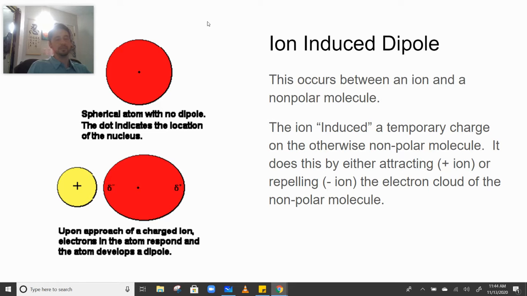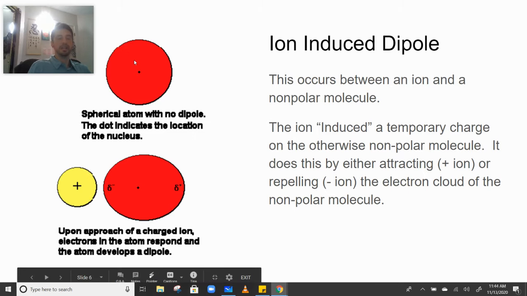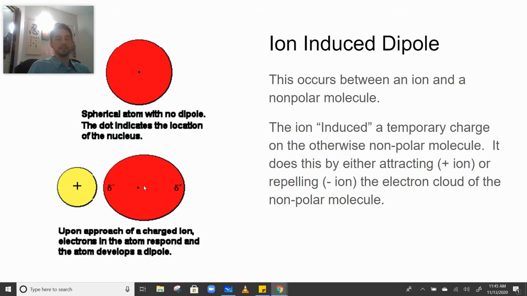Now we'll have forces between the molecules like themselves. We don't really consider ions when we talk about intermolecular forces either. But the ion creates a dipole, and now that dipole can interact with other atoms or molecules that are the same as them.